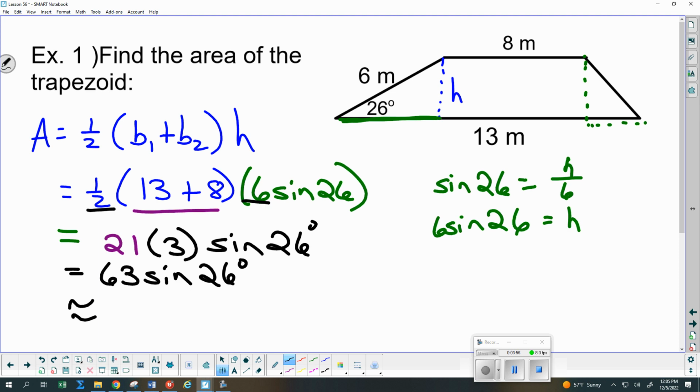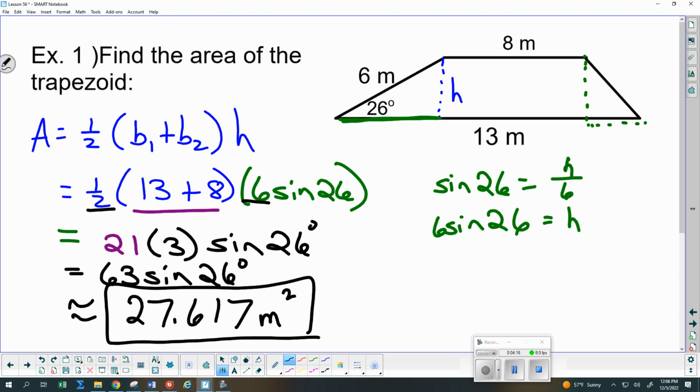So if you are not actively typing, that means I can call on you and you can give me the answer. Shayla, what do you have? Anybody else? 27.617. So I'm seeing thumbs up and some heads nodding. Units are meters. Area is meters squared, and that is our area.